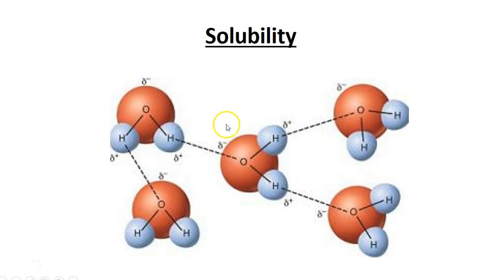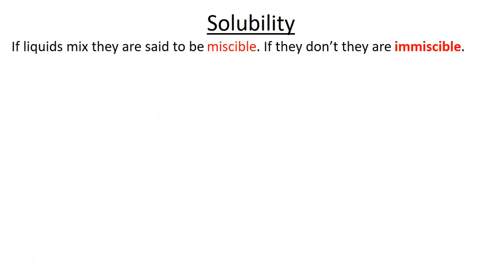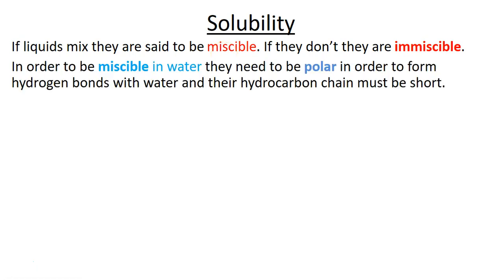So whatever's going to dissolve has to have charges as well, has to be similar to water, like dissolves like. So if liquids, so we could be talking oils, or we could be talking solutions, ethanol. Ethanol is a liquid, a polar molecule. So if two liquids are mixed together, they're said to be miscible. If they don't, they're immiscible.